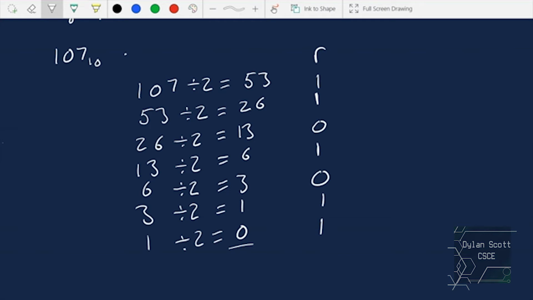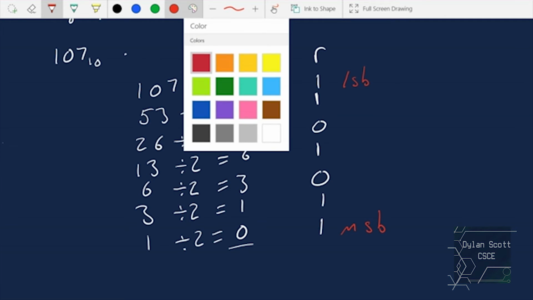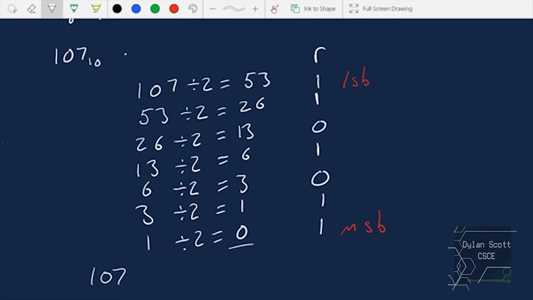The quotient is 0, so we may stop. This is our least significant bit. This is our most significant bit. So 107 in base 10 is equal to 1101011 in binary.